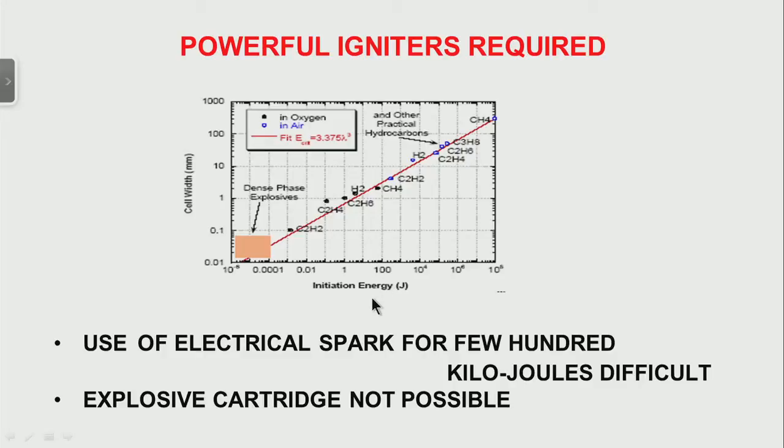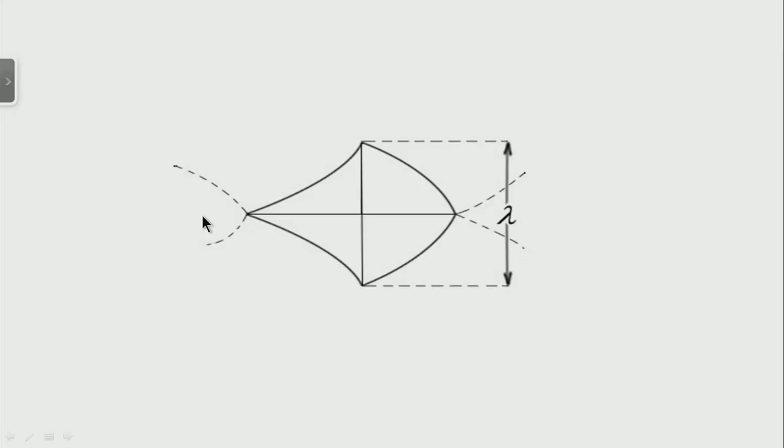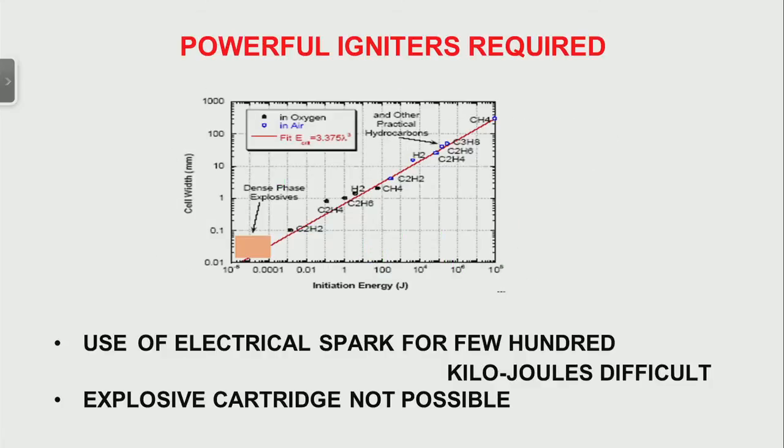If we plot a curve between the initiation energy required versus the cell width, which is the width of a characteristic detonation cell, I find that the initiation energy, the energy required for directly forming a detonation, is somewhat linearly related to the cell width. As the cell width increases, the initiation energy increases.